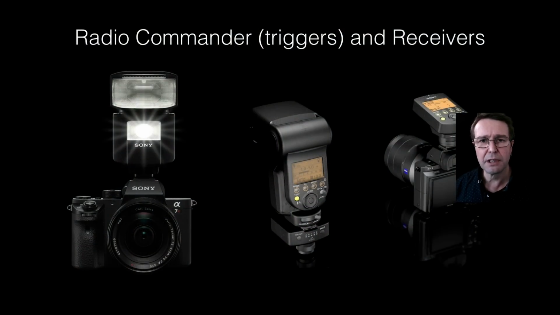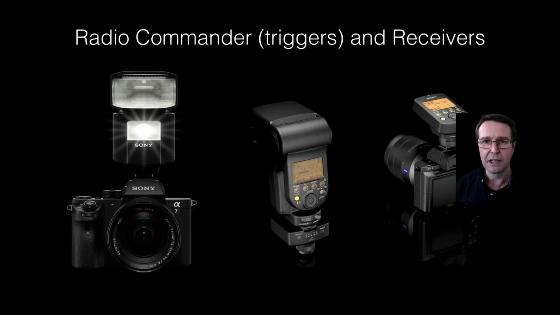If I'm going to be working with flash, typically I will get the flash off the camera, and in order to do this we need to work with trigger systems. On the Sonys that I'm using, they refer to the trigger as a commander, and then in order for the commander to talk to the flash now that it's off the camera, we need a flash that can receive those radio signals, or we need to buy receiver units to put those flashes on.